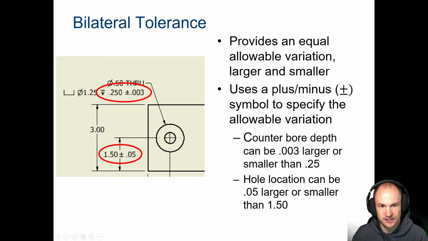In this case, the acceptable variance would be 1.55 and 1.45. Anything within this range is acceptable according to this dimension. So that's very important to know.